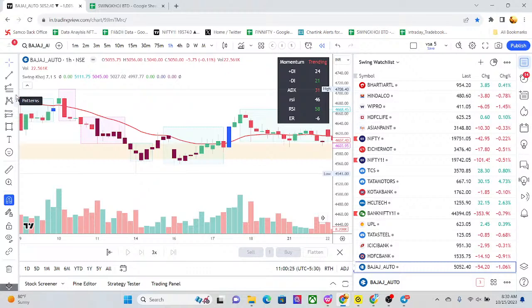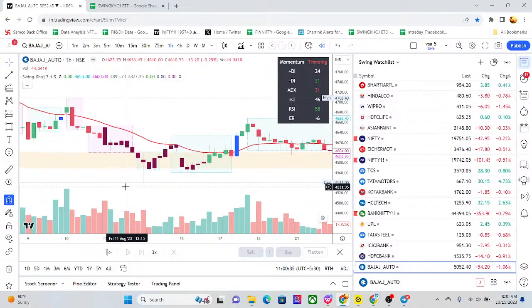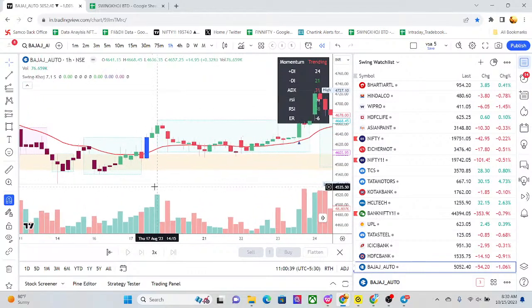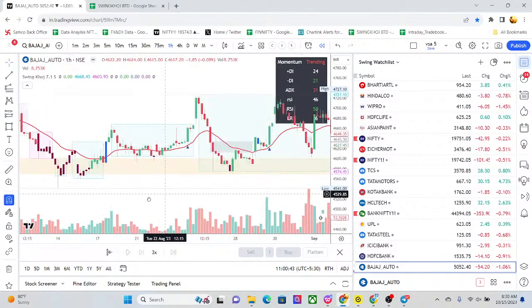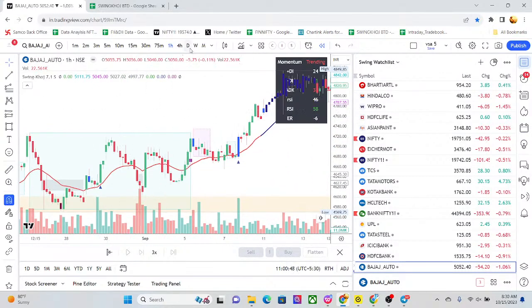Once it comes in the pullback, you can keep it in your watch list until we get a close below this support area. If it closes below this support area for two candles, then you can say it's invalid. So you can enter here, and the target is easily this, right?